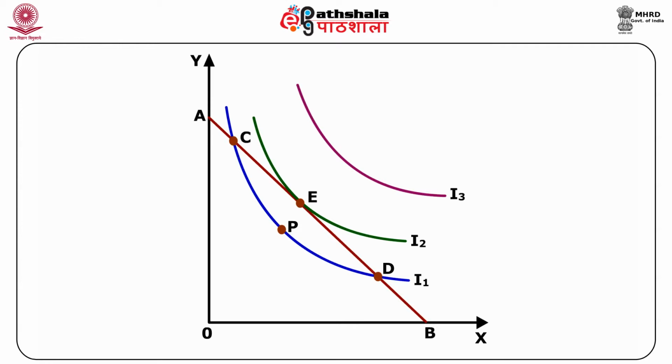Thus, given the money income, the combination E yields greatest amount of satisfaction to the consumer. All other combinations on the budget line AB yield lower satisfaction levels as they lie on a lower indifference curve. You may note that the combination which maximizes the consumer satisfaction lies on the highest indifference curve that touches the budget line.